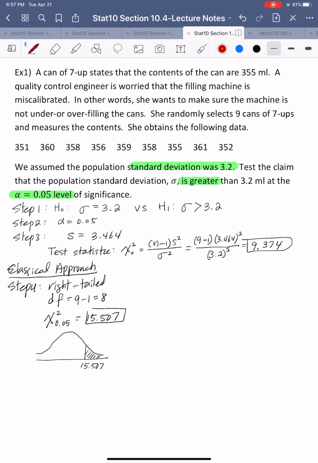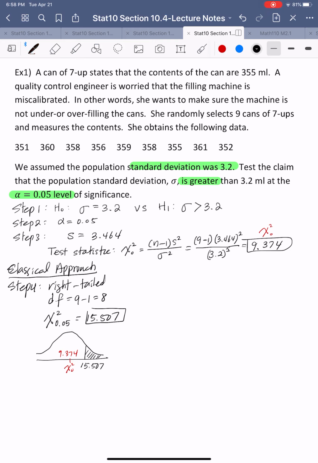But when I put the test statistic chi-square sub 0, which is 9.374, it does not fall in the critical region.